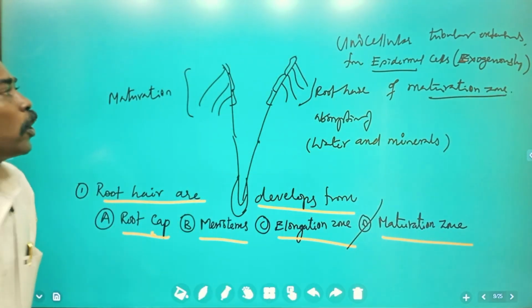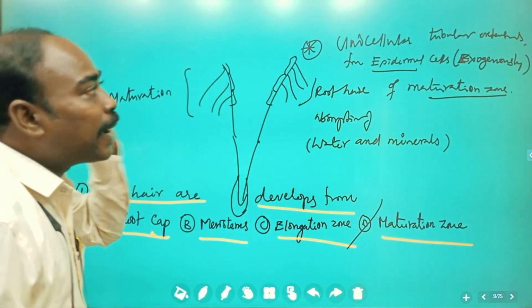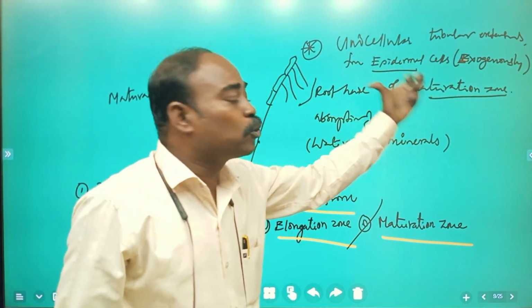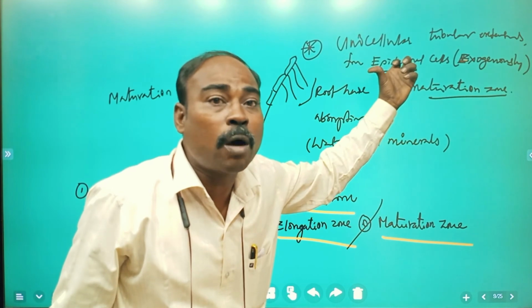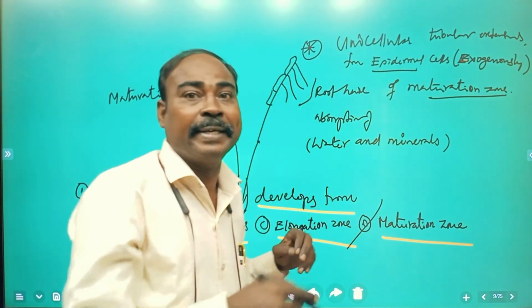So very important: the unicellular root hairs are developed from the epidermal cells of the maturation zone. Very good. I am going to explain another point here.